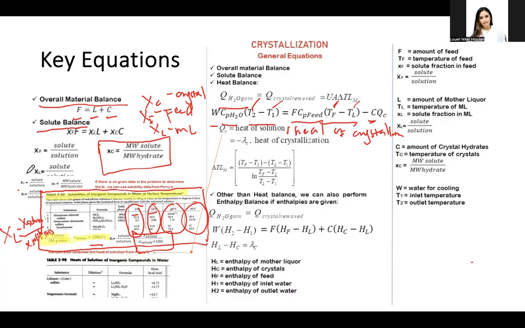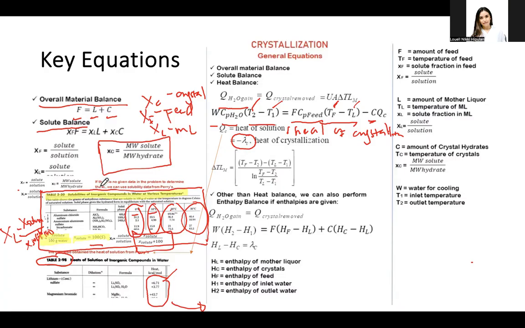So, where can you find the heat of solution? It's in table 2-98 in your Perry's. So, this is the heat of solution. Basically, heat of crystallization, or negative lambda C, is the negative of your heat of solution.